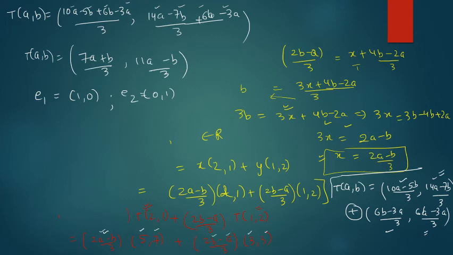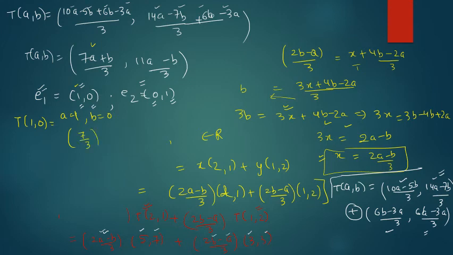So that means if you put any of these values, you can find out a matrix using these. So let's say I'm considering a as 1 and b as 0 for the first base, and a as 0 and b as 1 for the second base. So my T(1, 0) would be, if I am putting a as 1 and b as 0, 7 times 1 is 7 by 3, right?